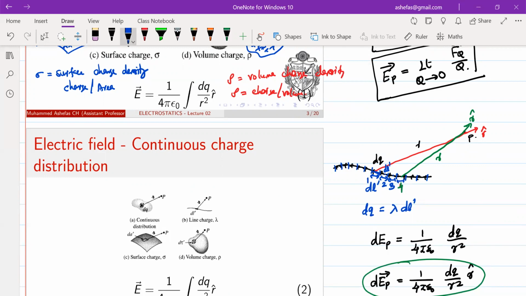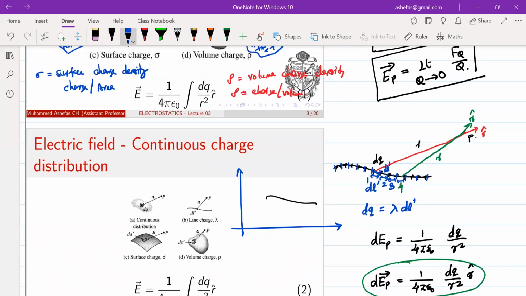If we have such a representation, then we can change the expression of R. That is, if we have a line charge, first of all, let us introduce a frame of reference.